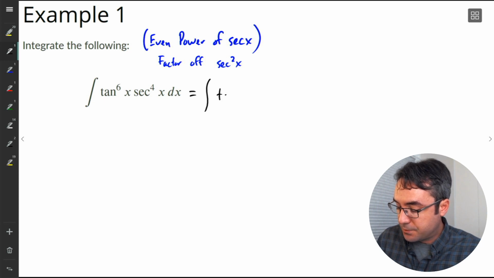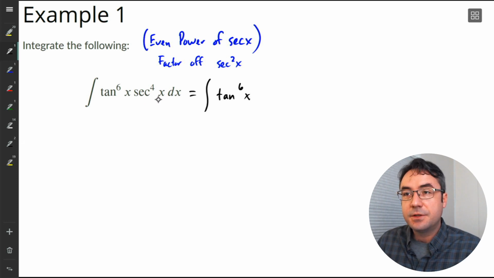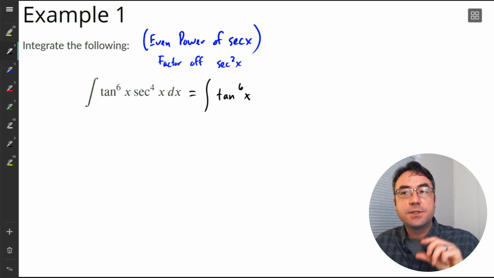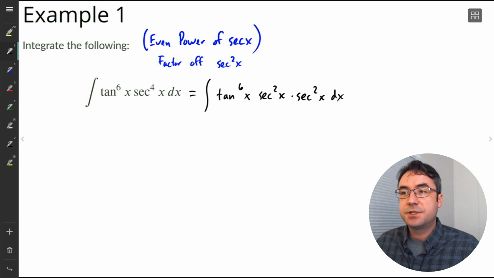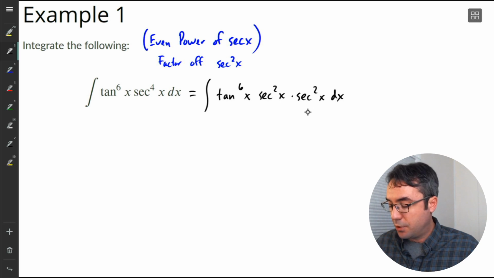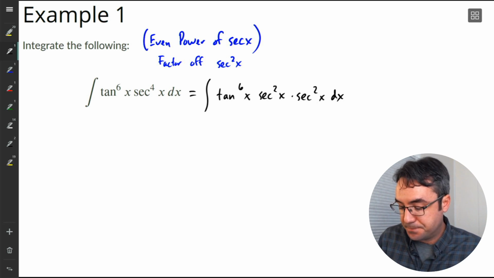So what we're going to do is we're going to keep everything the same, at least at first, and we have secant raised to the power 4, so let's split that up, and we'll write it as secant squared x times secant squared x. So we're just splitting that up. We're factoring off a secant squared, and we're putting it next to the dx.